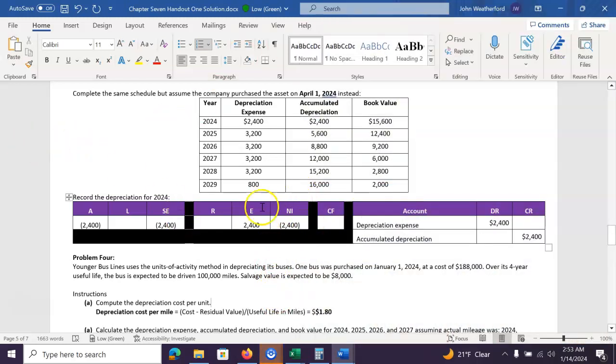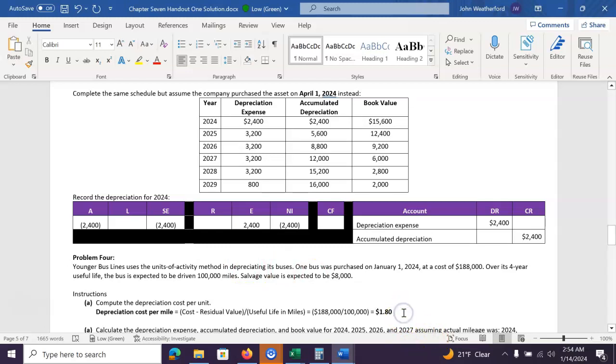Okay, all right, so we got 188,000 divided by 100,000 miles. And that's how we got to our $1.80. I know I said that, but I'd rather you see it there in print. All right, so that's our rate.